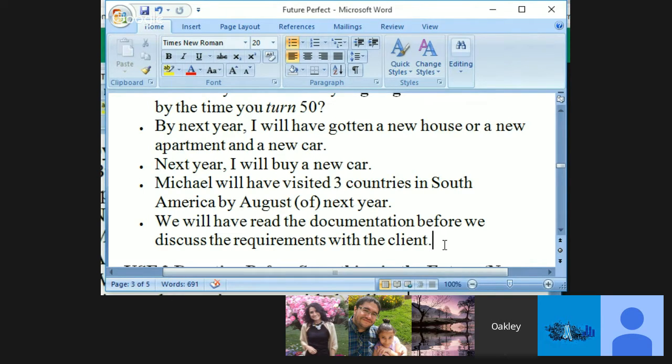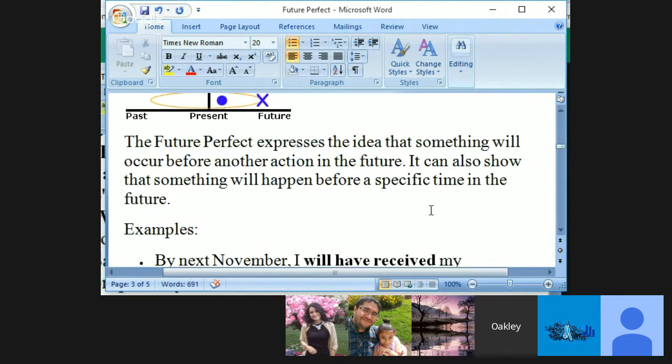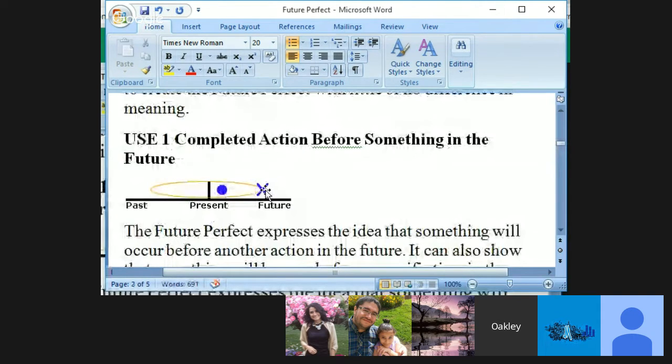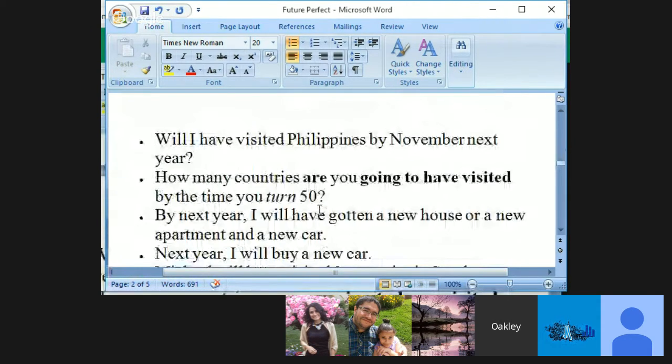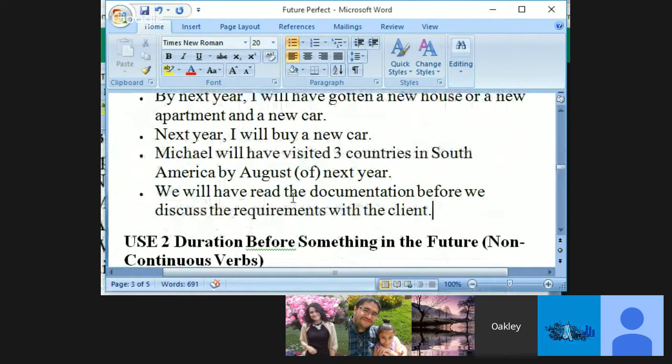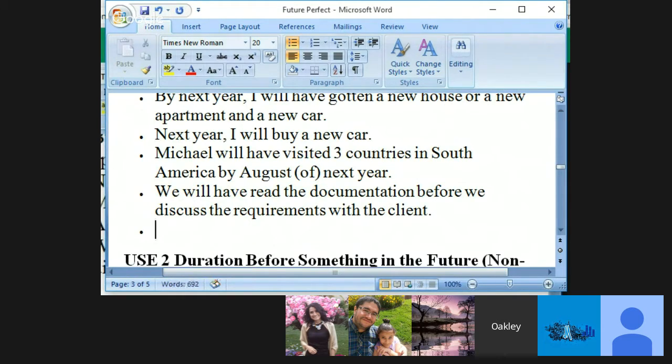There are a lot of commitments in business that must be done before the purple X, by contract, for example. The bridge will have been finished by the time the contract expires. Very common to use the future perfect tense in business negotiations, absolutely, and in the development of contracts and agreements for future actions. So I like it, Victor. Good, very practical. Thank you.